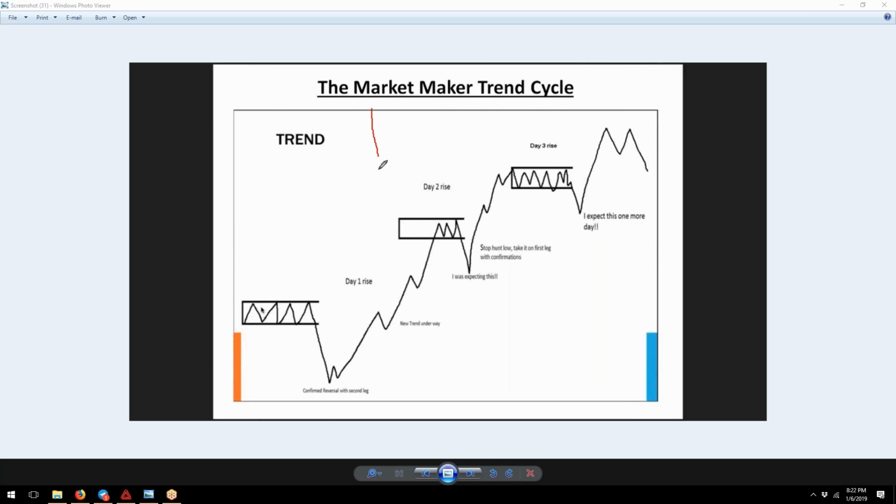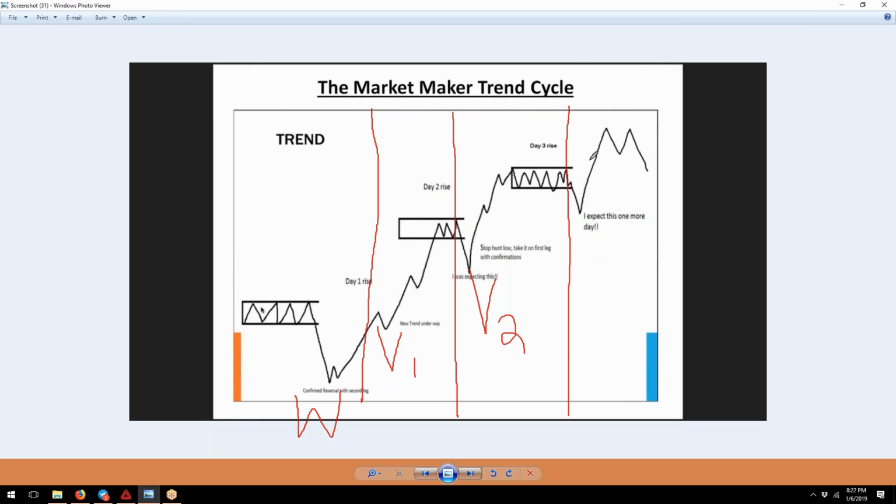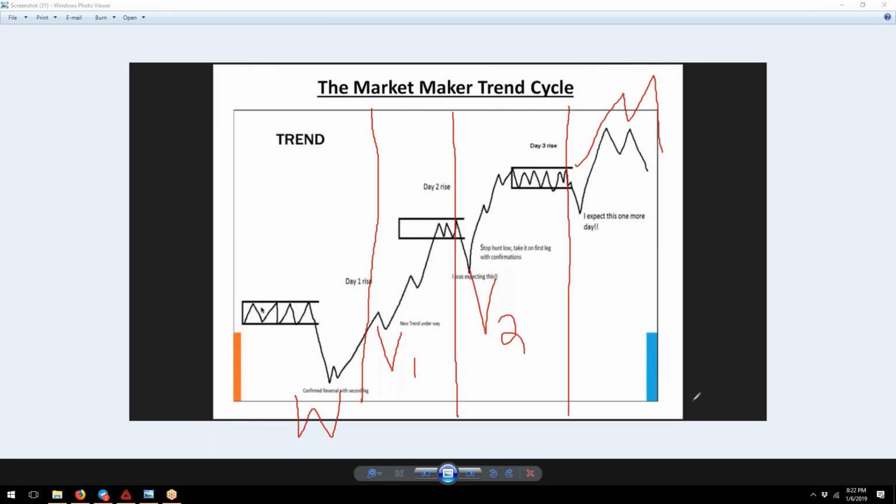Understand that at level one, I think I did it wrong right here. It should be like this. W, V1, V2, and reverses with the M. That's the pattern.